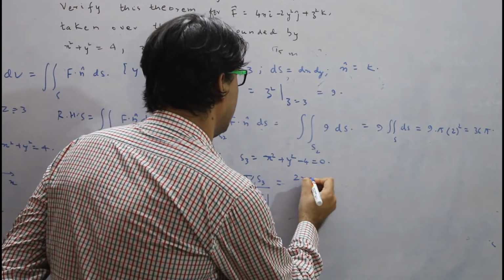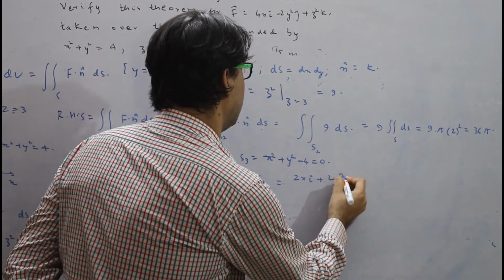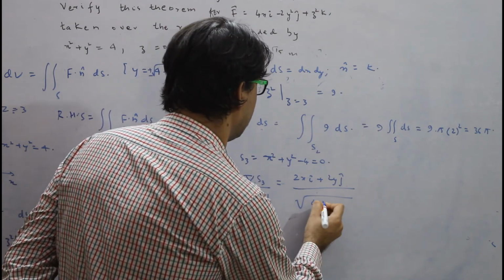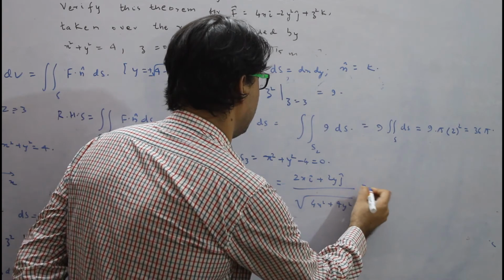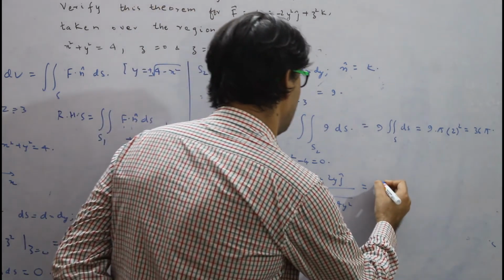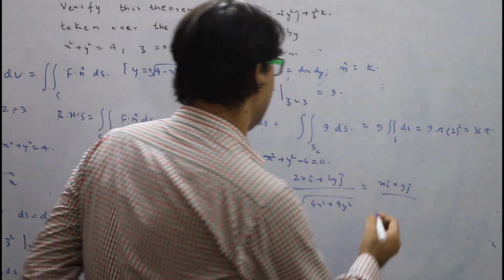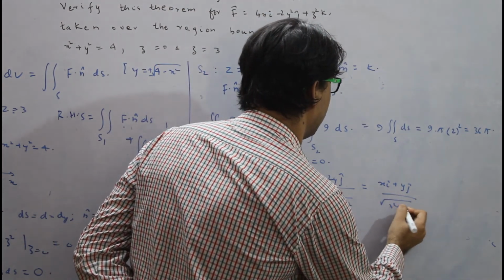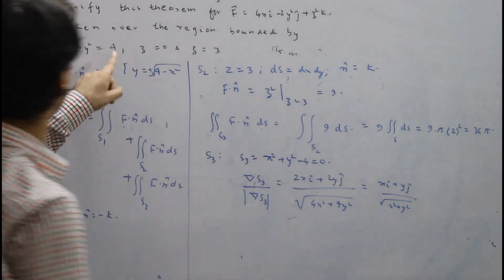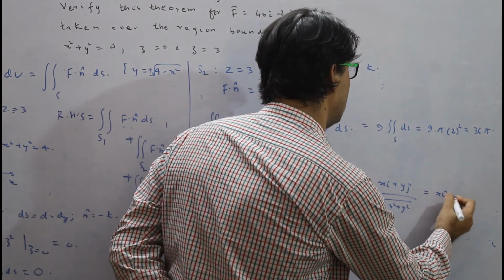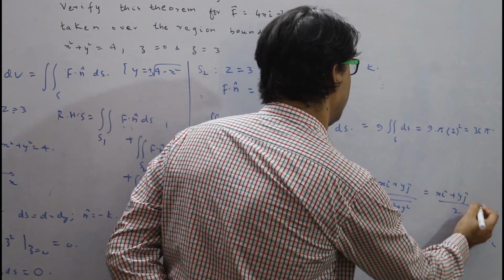So this becomes 2xi plus 2yj divided by the square root of 4x square plus 4y square. If I take the 2 outside, this will get cancelled, and I am left with only the square root of x square plus y square. So my x square plus y square is 4, so its square root is 2. So I am going to write it as 2.